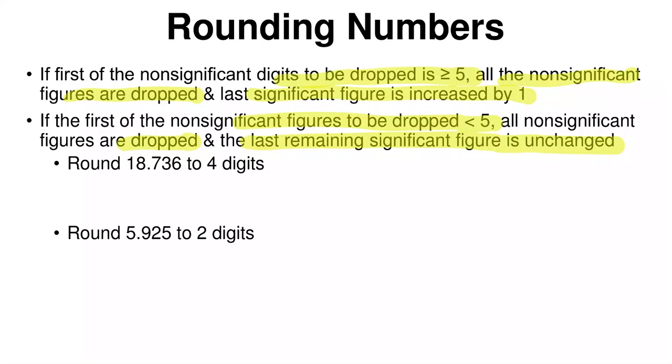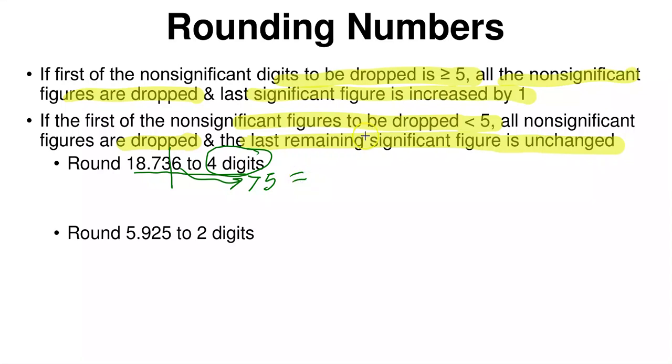So what does that mean? Let's take an example here. If you look at these two, it says we should round this off to 4 digits. So 4 digits means 1, 2, 3, 4. We want to stop at this point. But look at this number. This number now is 6. And 6 here is greater than 5.